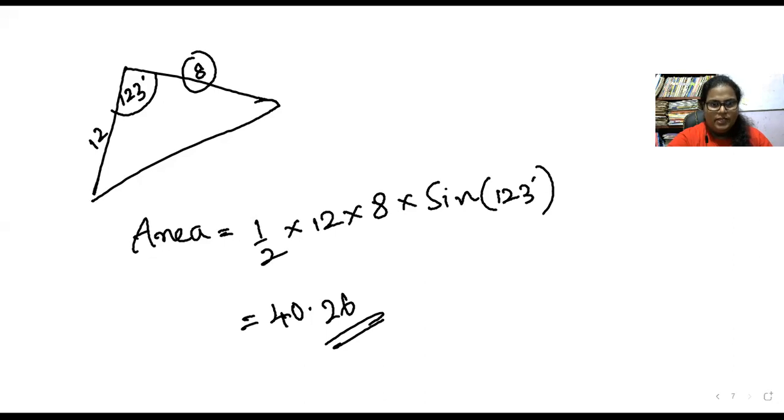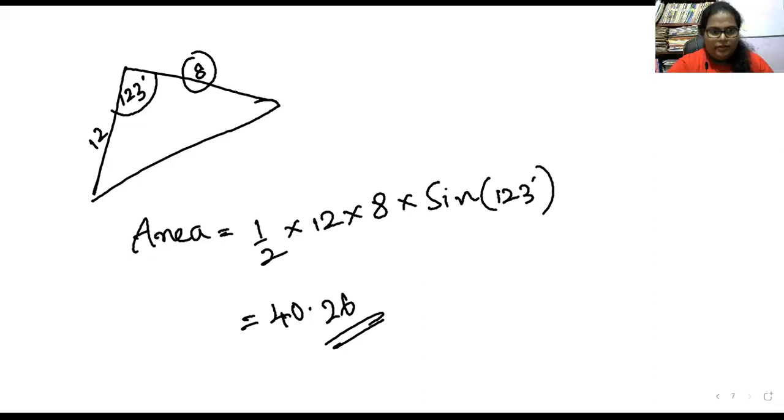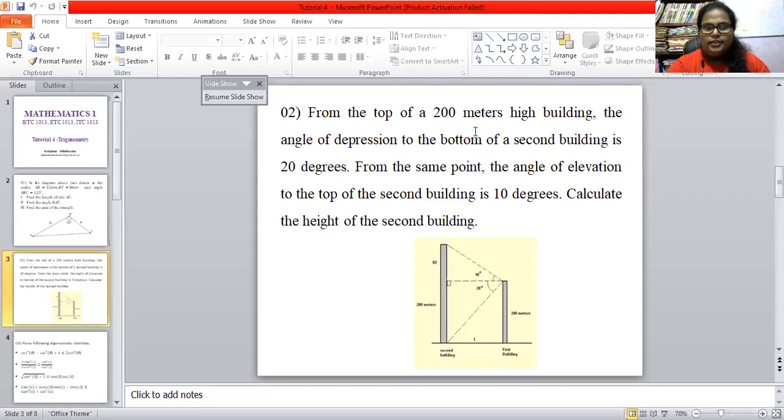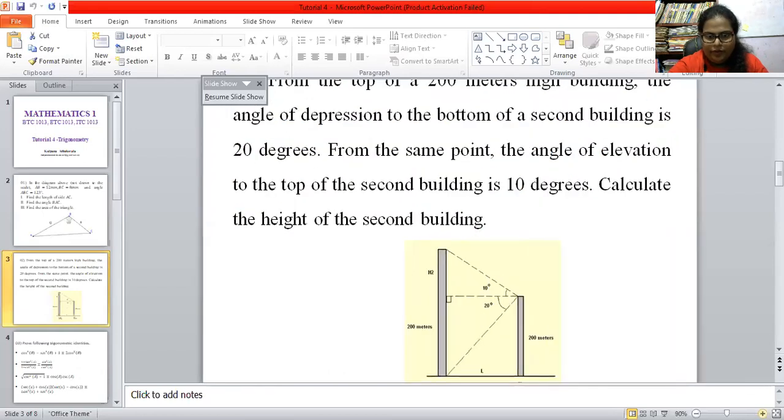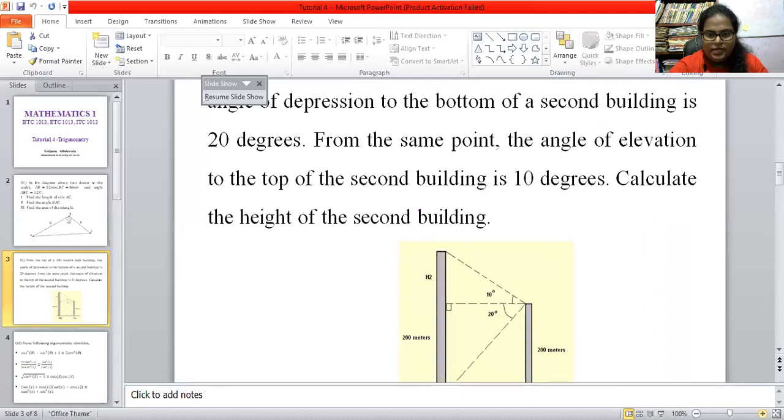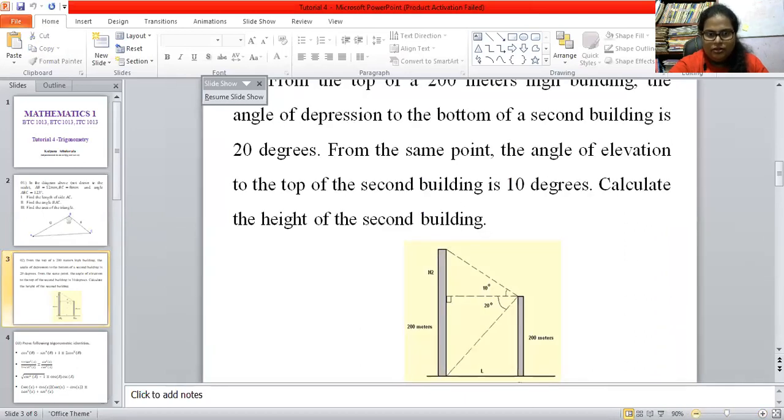Let me show you the question here. Here we have a question, it is also a sentence type question. Let me show you. Can you see it now? Give me 1 second.